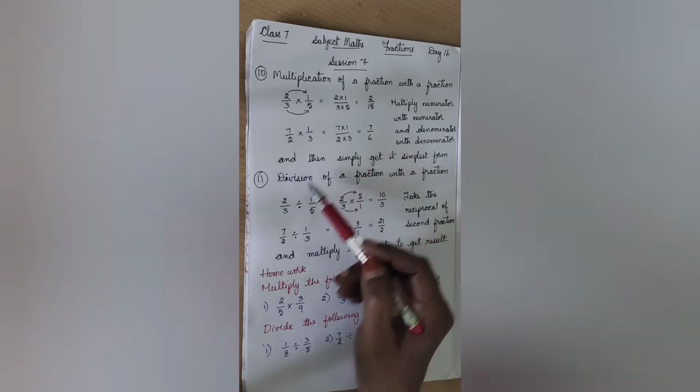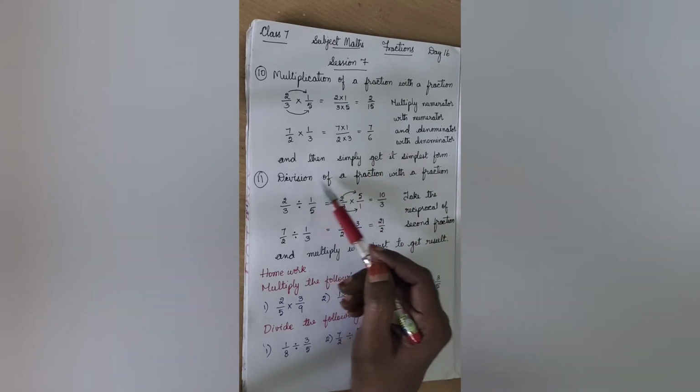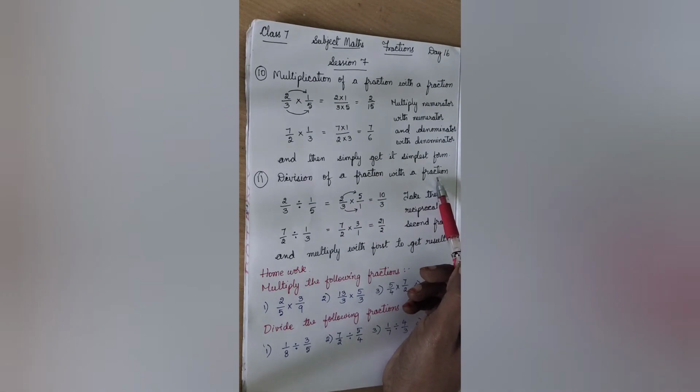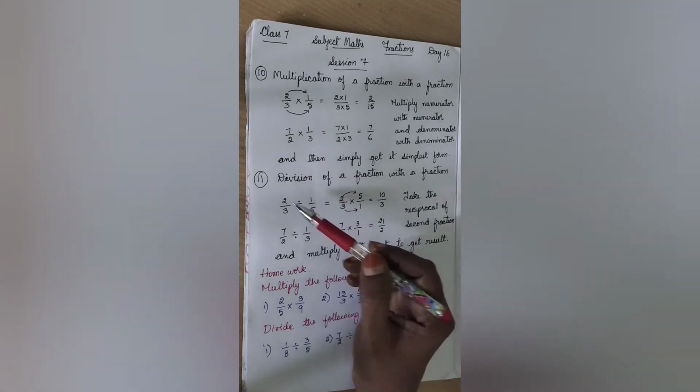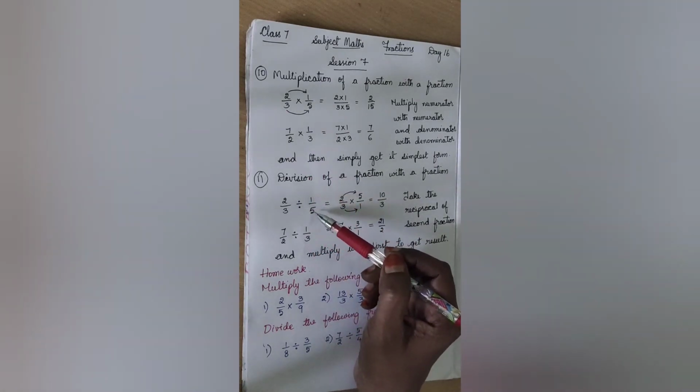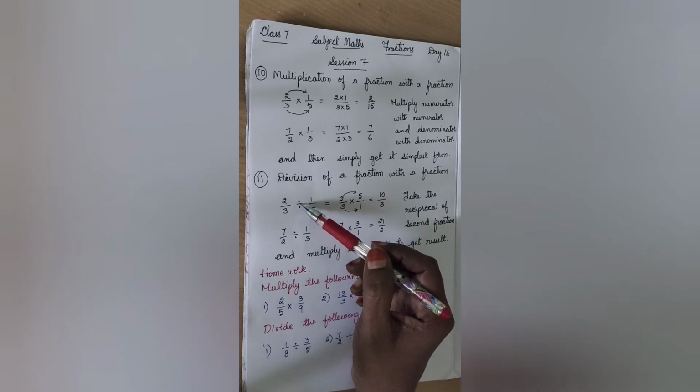Now we'll see the method of division of a fraction with a fraction. How to divide when two fractions are given. Suppose we take the same example, 2 by 3 and 1 by 5. So you have to divide here.